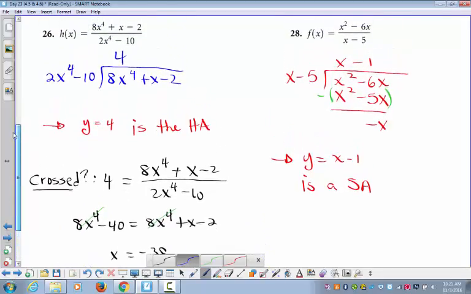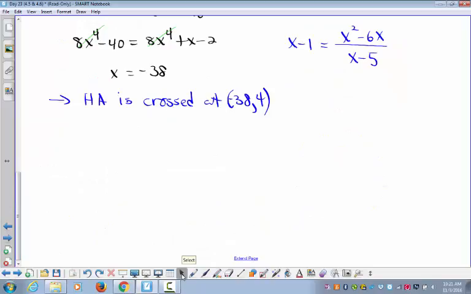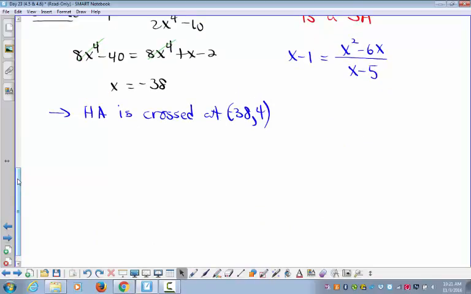Now over here, same idea. If we want to know whether this slanted asymptote and that function intersect, if they share a common point, we set the asymptote equal to the function, and see if there's any solutions. Okay, so we cross multiply.